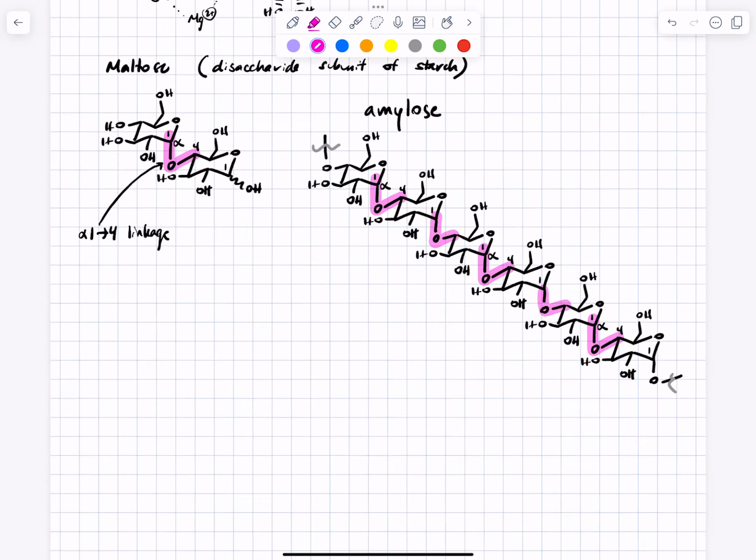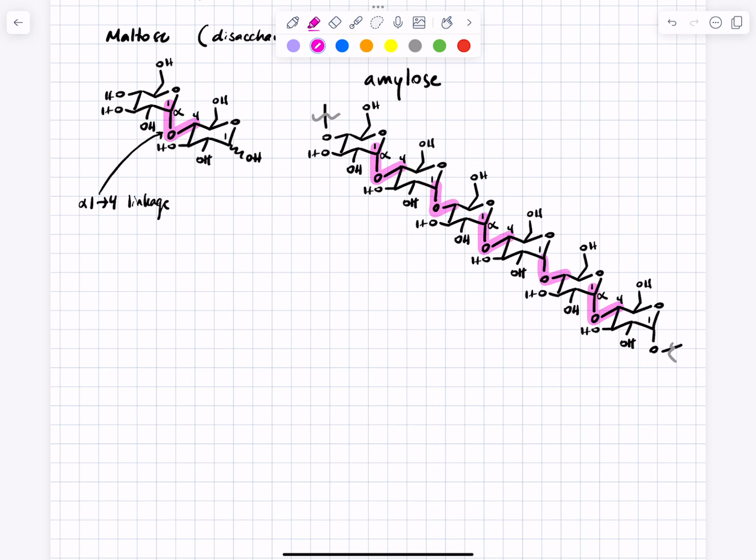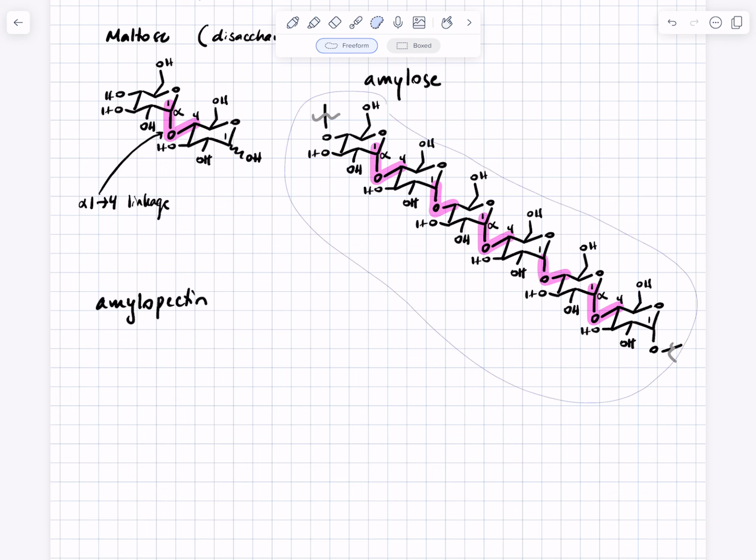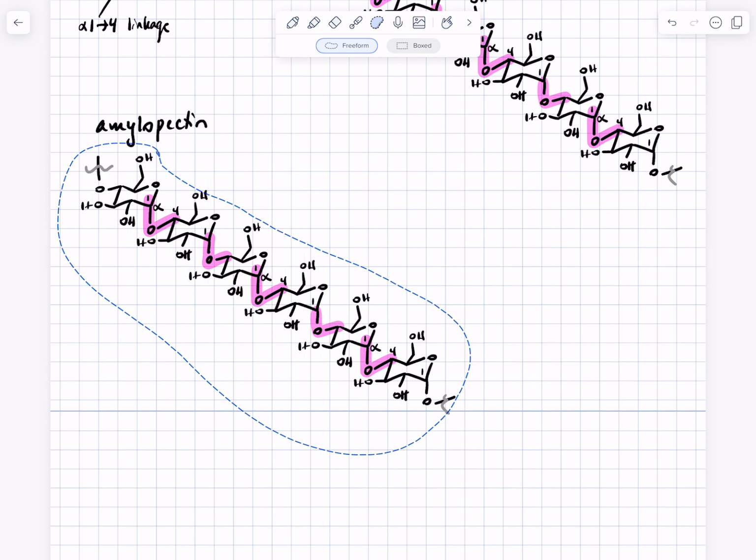All right. Oh, and then there are starches that are a little bit more complicated. So what I'll do is I'll draw for you amylopectin, which has not only alpha 1,4 linkages, but also has alpha 1,6 branch points. So you're really going to like this. Here's amylose.